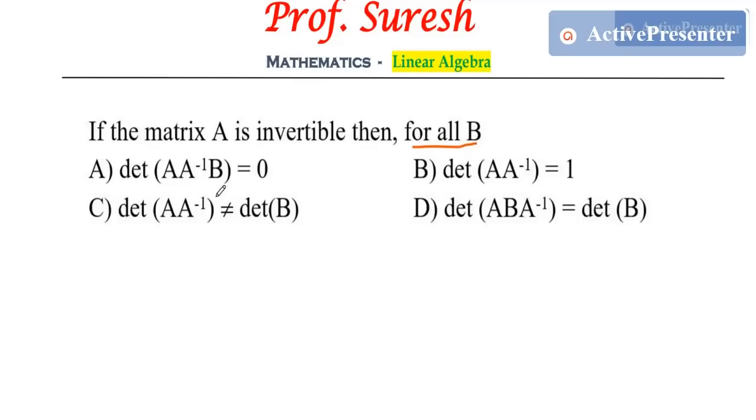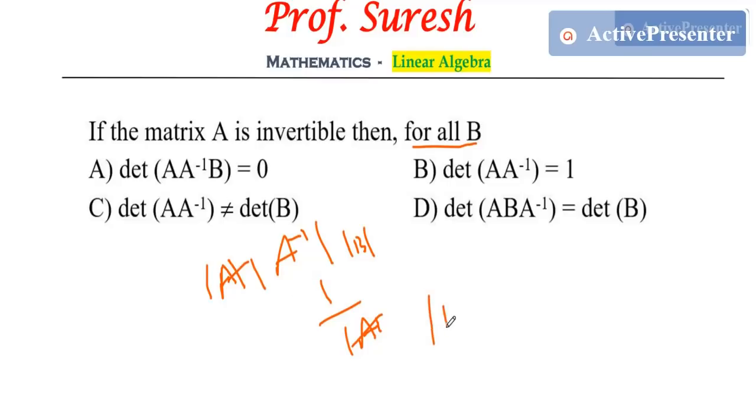If you take this one, the determinant of A inverse B can be written as determinant of A into determinant of A inverse into determinant of B. The determinant of A and the determinant of A inverse cancel, because the determinant of A inverse is nothing but 1 by determinant of A. For the first option we get determinant of B. But the determinant of B need not be 0 always. Singular matrix means determinant 0, otherwise the determinant may be non-zero.